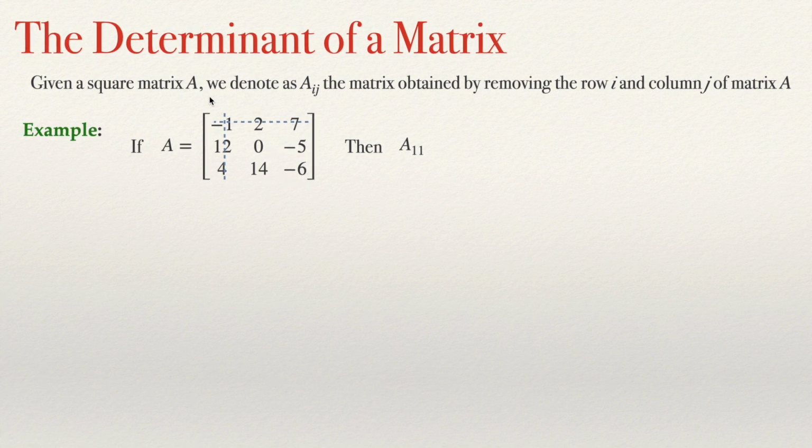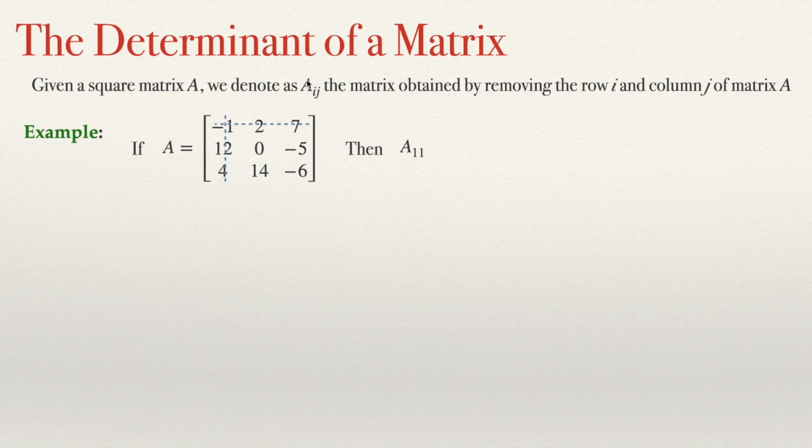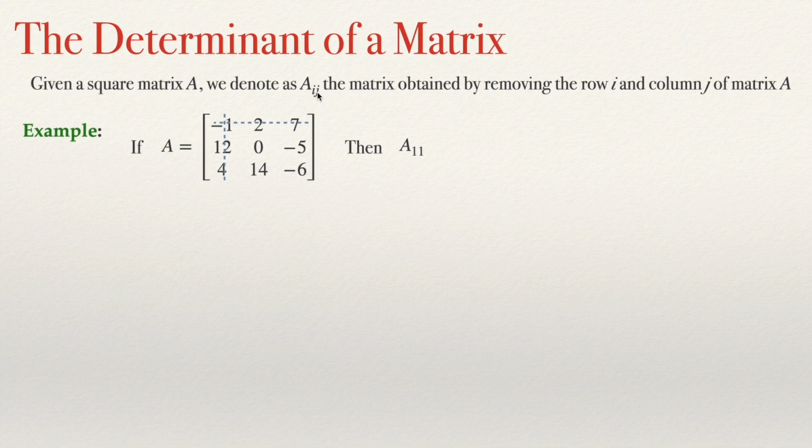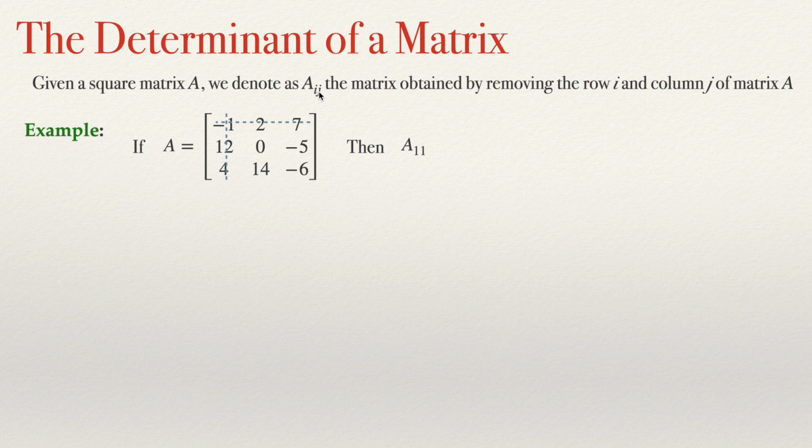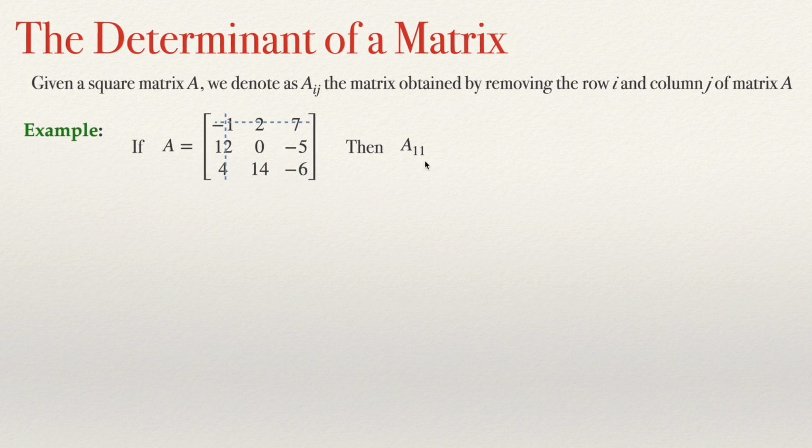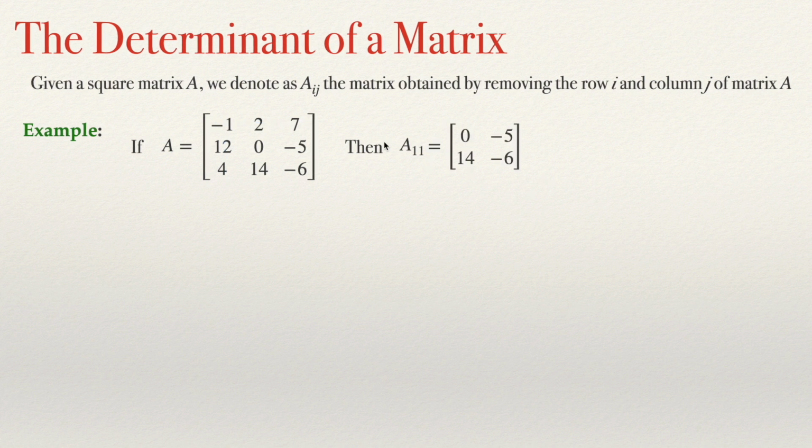So if we have a 3 by 3 matrix, finding A sub ij will be finding a 2 by 2 matrix. It will be a matrix that has one row and one column less. So in this case it will be this matrix 0, -5, 14, -6. This will be the matrix A sub 1,1.